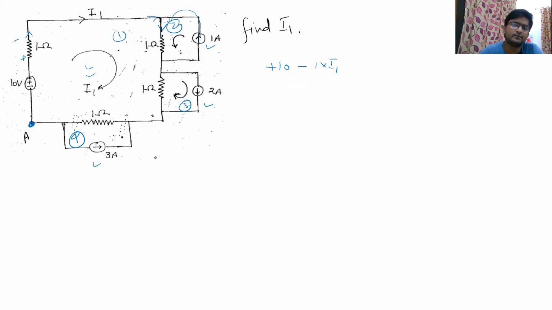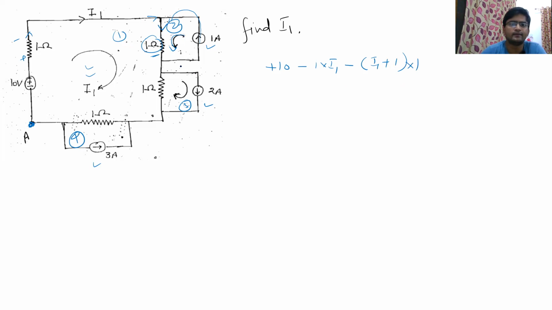So what is happening in this 1 ohm branch? This I1 and this 1 ampere current are being added up, because they both are in the same direction. So what you will write is minus I1 plus 1 ampere, this 1 ohm, multiplied by 1. 1 is the resistance value.